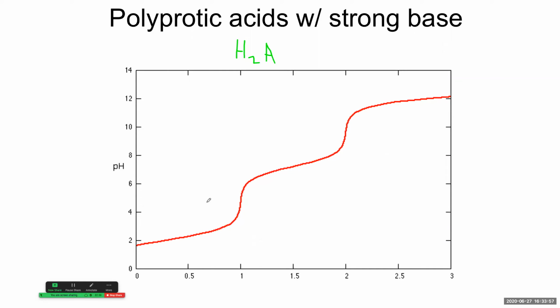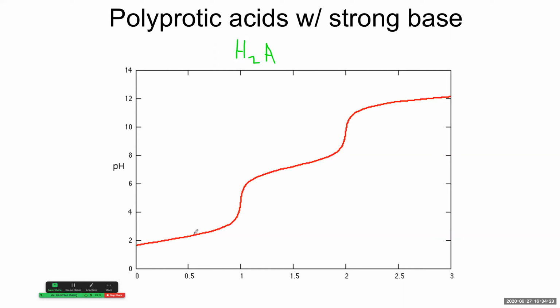Polyprotic acids generally are weak acids, like carbonic acid, H2CO3, or hydrosulfuric acid, H2S, or phosphoric acid, which is a triprotic acid, H3PO4.